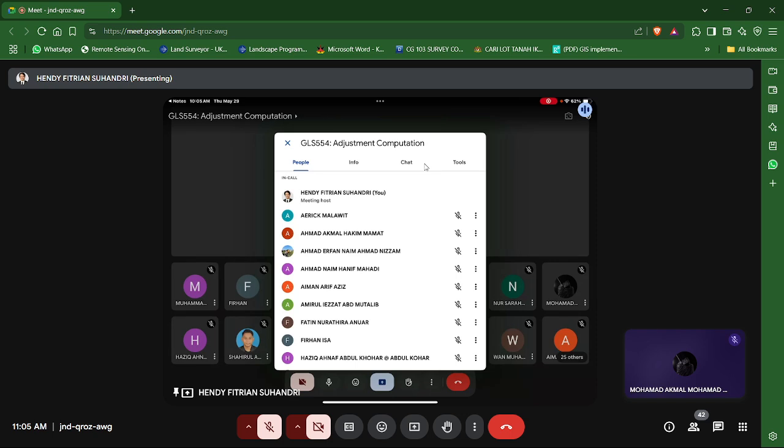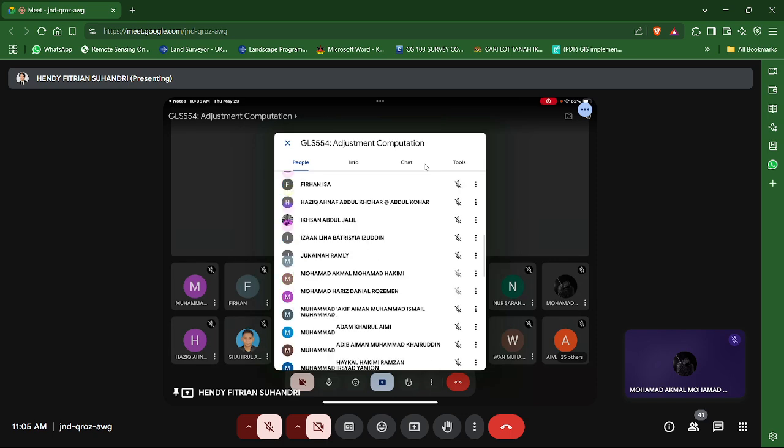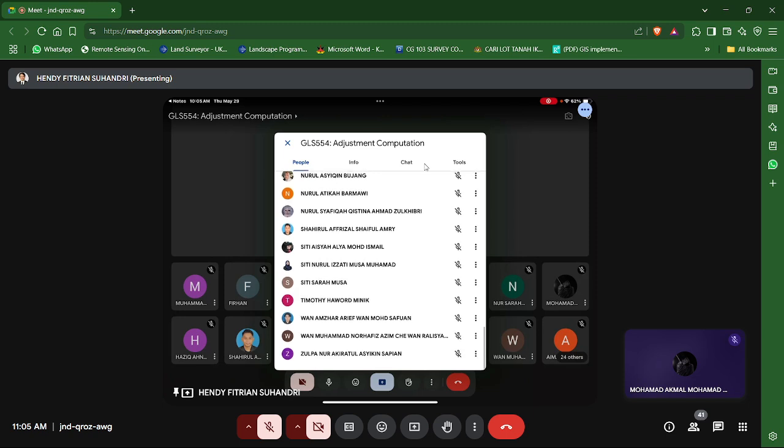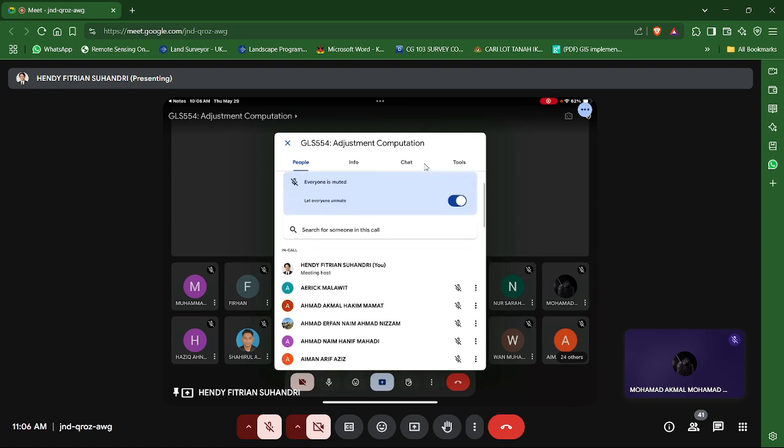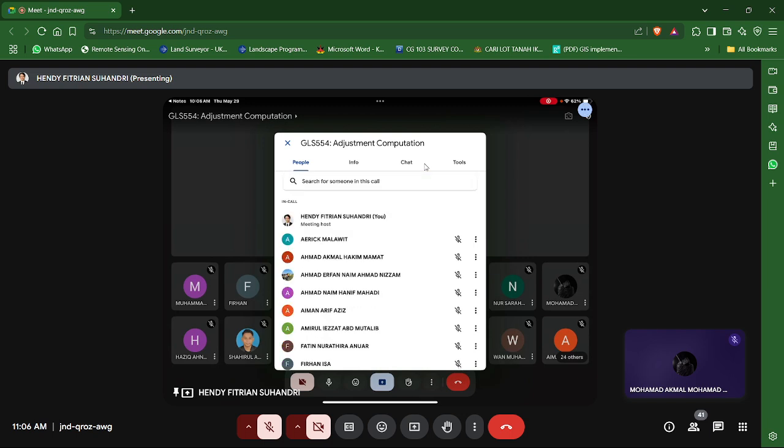Eric Malawit ni baru hadir ni. Tadi tak datang lagi. Ahmad Akmal. Boleh jawab tak? Apa dependent variable dia? Apa independent variable dia?